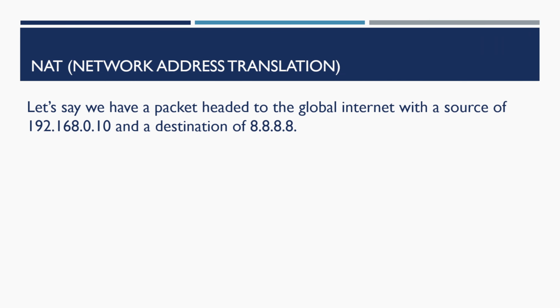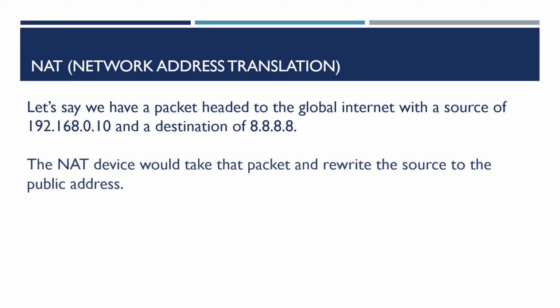Well, let's say we have a packet headed to the global internet with a source of 192.168.0.10 and a destination of dns.google, 8.8.8.8. Well, the NAT device would take that packet and rewrite the source to the public address, because 192.168.0.10, again, as we look through, is a reserved address for internal use only. If Google were to receive a request from that address, it could not send response traffic back to you.